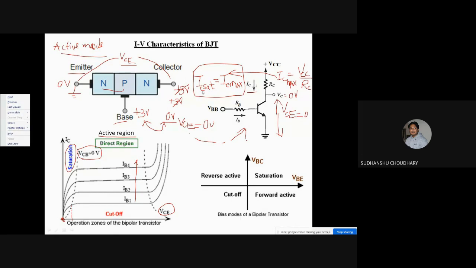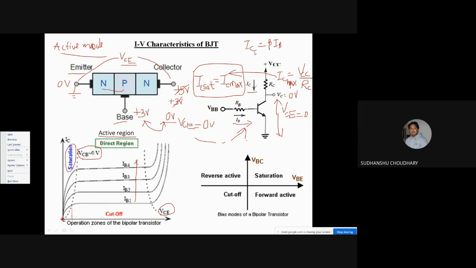Saturated, why? Because in this scenario, even if I increase the base current, it will not affect the collector current. The relation IC equals beta IB doesn't work in this saturation region. That is why this region in a BJT is called the saturation region, because the collector current is saturated.